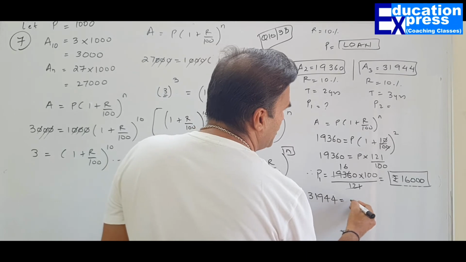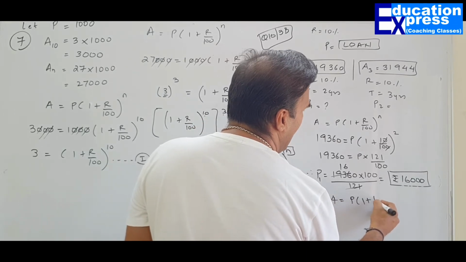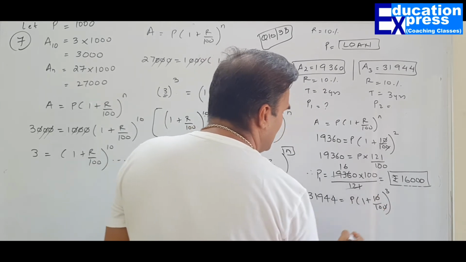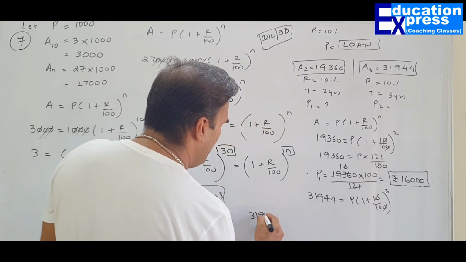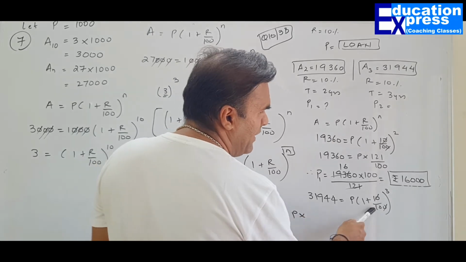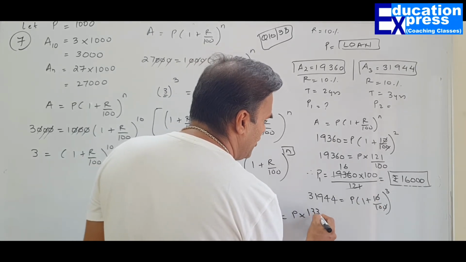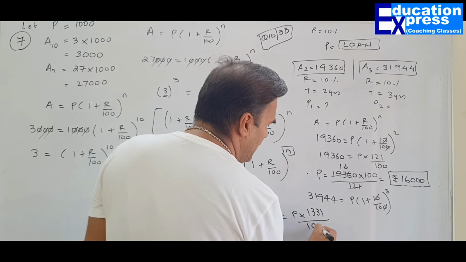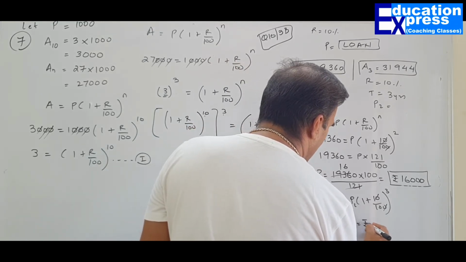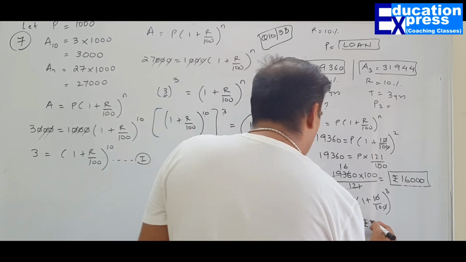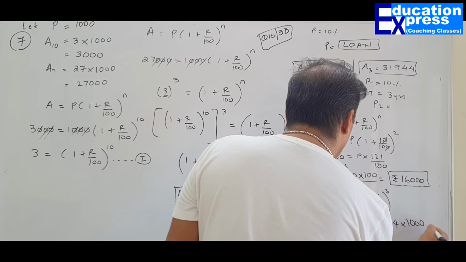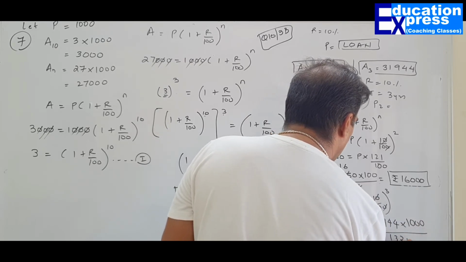31,944 equals P into 1 plus R upon 100 raised to 3. 0 cancels 0. 31,944 equals P multiplied by 11 cube, 1331 upon 1000. Therefore, your P2 will be rupees, how much? 31,944 into 1000 upon 1331.